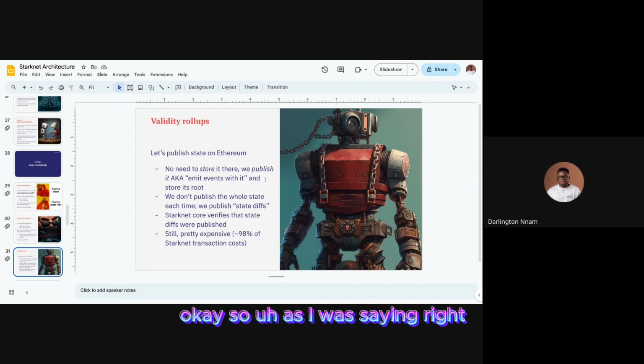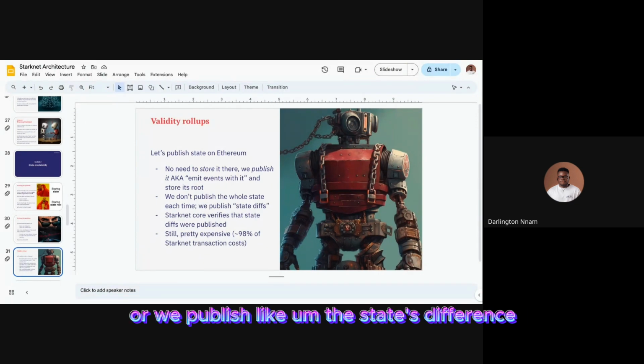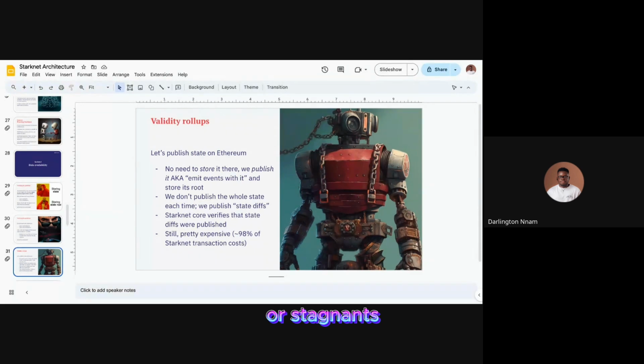Okay, so as I was saying, validity rollups is what we're basically used to, where these are published on Ethereum. We don't exactly publish the whole state each time, but we publish the state difference. But this in itself is still very expensive. Like I said earlier, it accounts for about 98% of the transaction costs on Starknet.